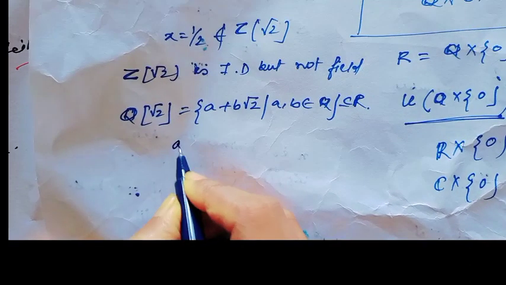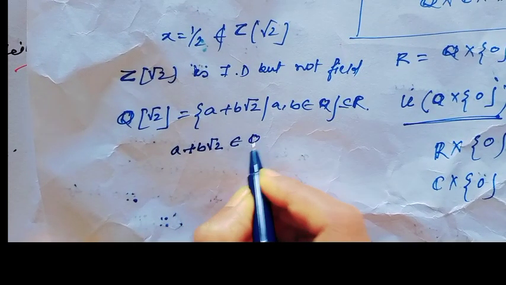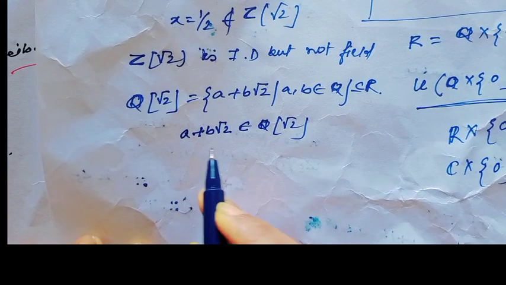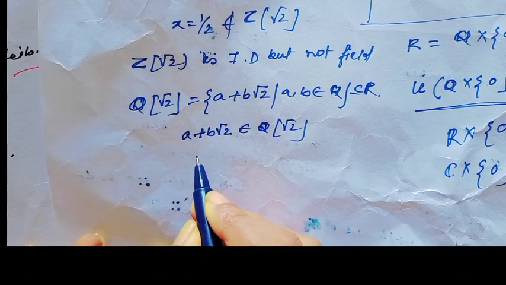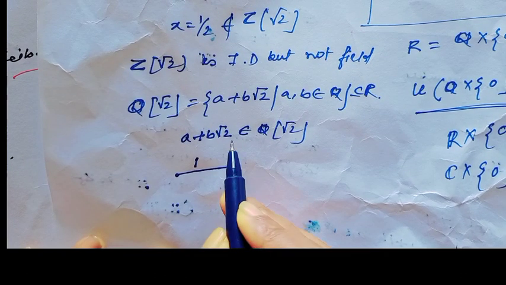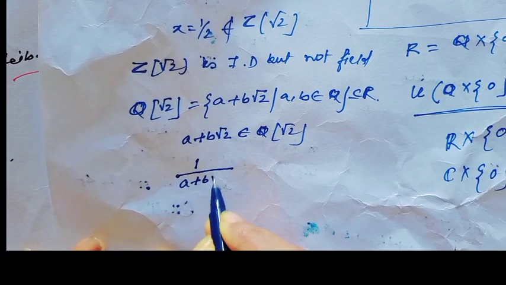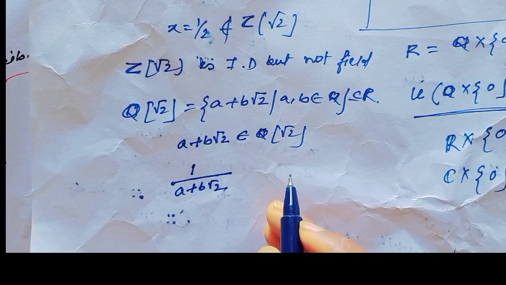For this, consider a non-zero element a plus b root 2 belonging to Q root 2. To find its multiplicative inverse, obviously it looks like 1 over a plus b root 2. Now we have to check, is this a member of Q root 2?